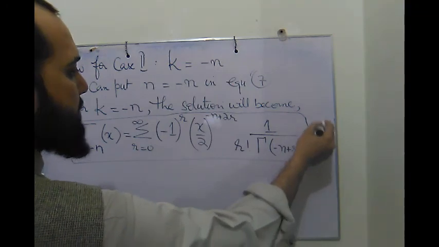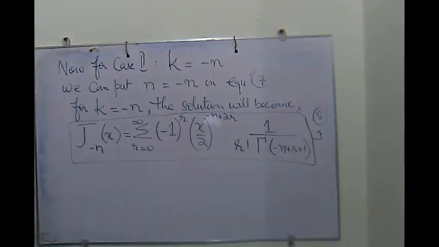We call it equation number 8. So we have the solutions for both values of n.